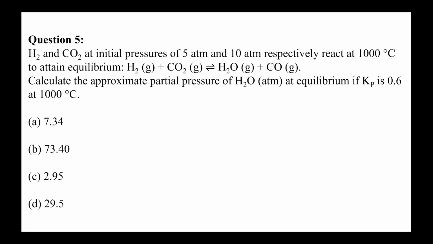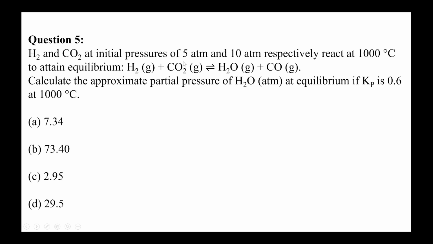Moving to the next question. H2 and CO2 at initial pressures of 5 atmosphere and 10 atmosphere respectively react at 1000 degrees Celsius to attain equilibrium. H2 plus CO2 gives H2O plus CO. Calculate the approximate partial pressure of H2O at equilibrium if Kp is given as 0.6 at 1000 degrees Celsius.